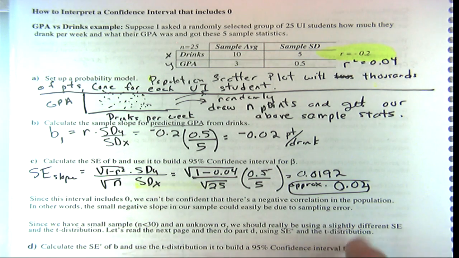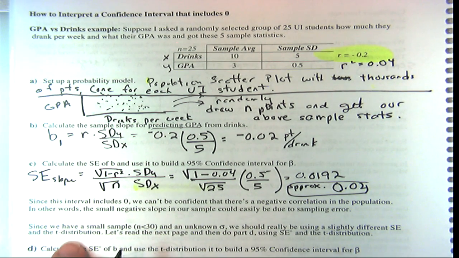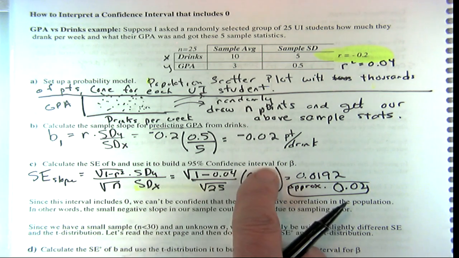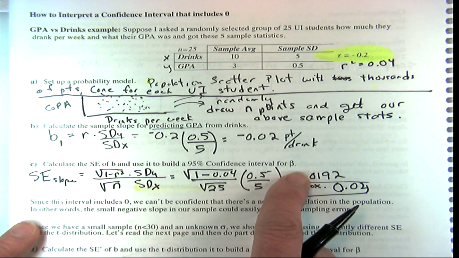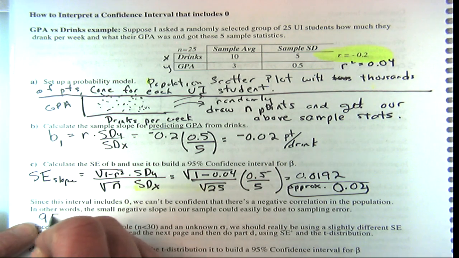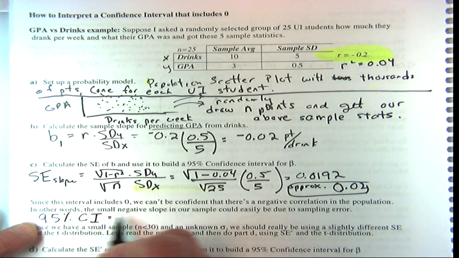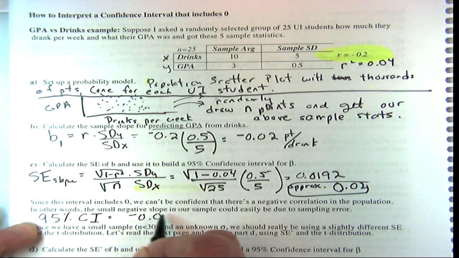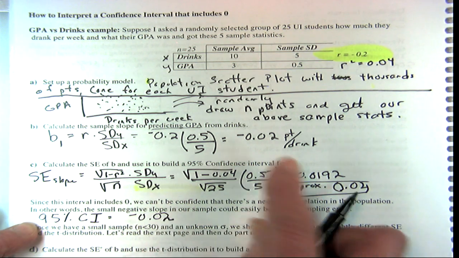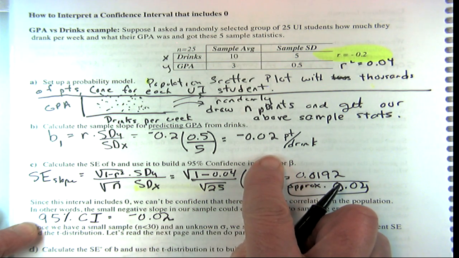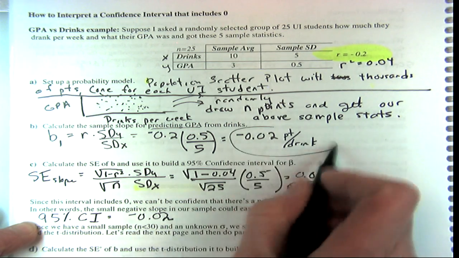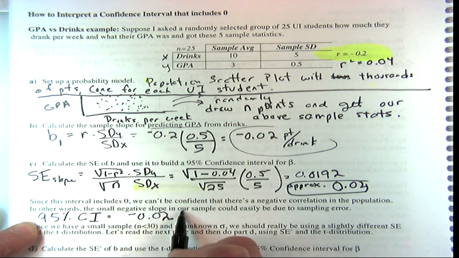Okay, now let's see. Build a 95% confidence interval. We haven't done that, so let's do that. The 95% confidence interval for that slope is going to be negative 0.02, that right there, plus or minus.